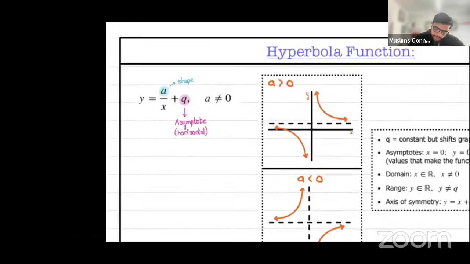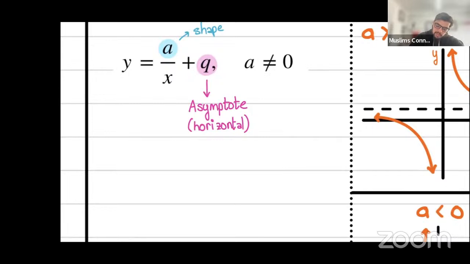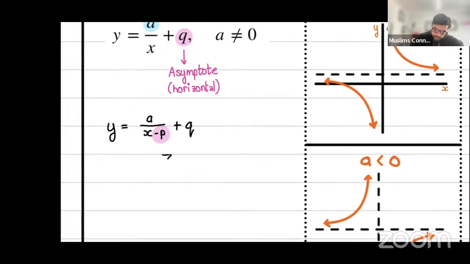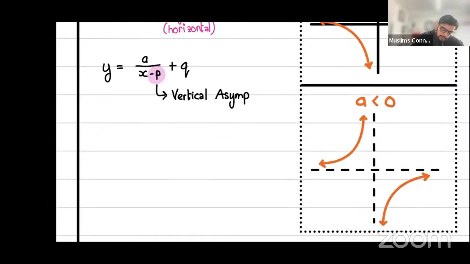Keep in mind, the equation that you learn next year will be y is equal to a over x minus p plus q, where p is also an asymptote, but it is a vertical asymptote. Imagine that p was 0.